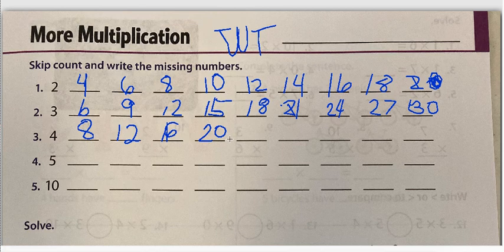After that, you add 4 to 20. We have 24. That's 24, okay? And then we have 24 plus 4, 28.